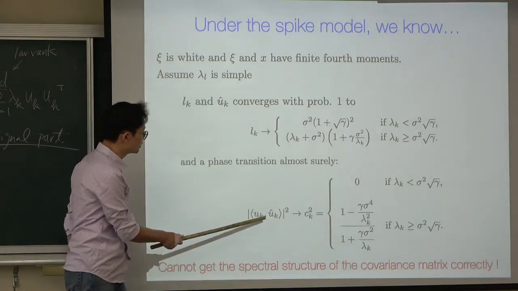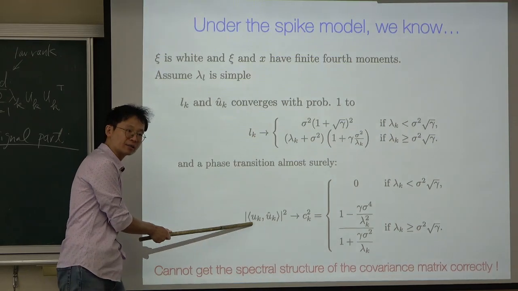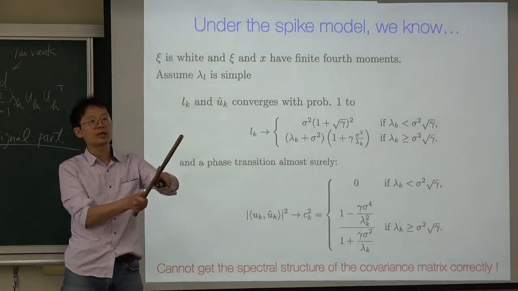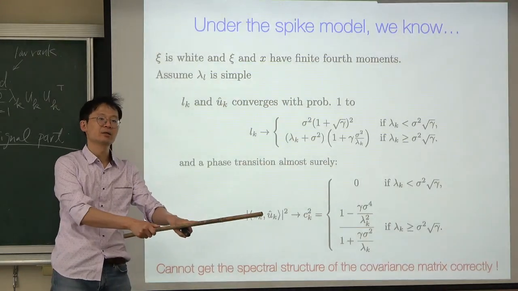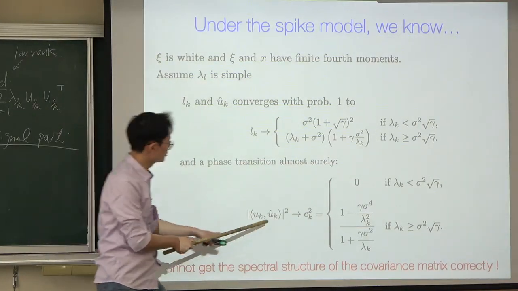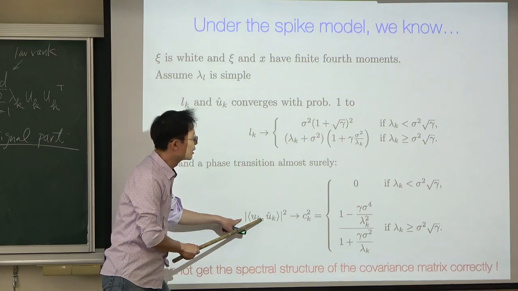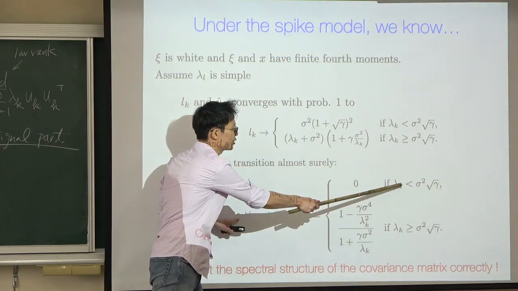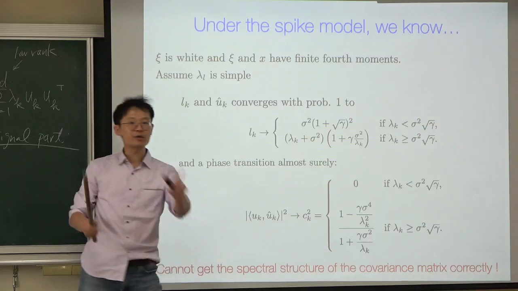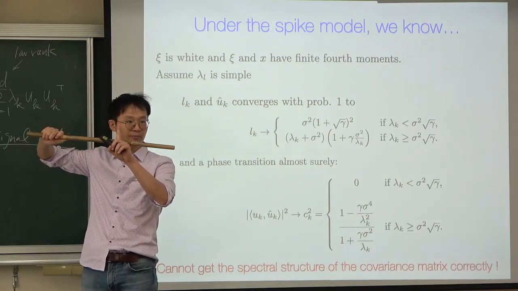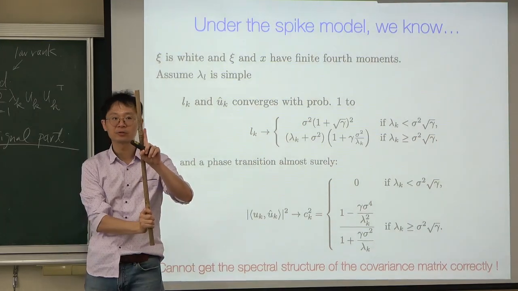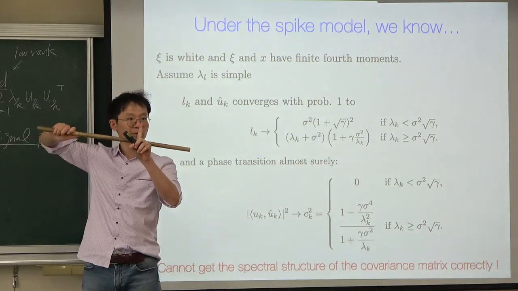Ideally, if you can recover the true eigenvector, then their inner product should be 1, because you recover the precise eigenvector. But it tells you that, sorry, no. If the strength is too small, then with probability 1 you get a totally orthogonal result, not parallel but totally orthogonal.